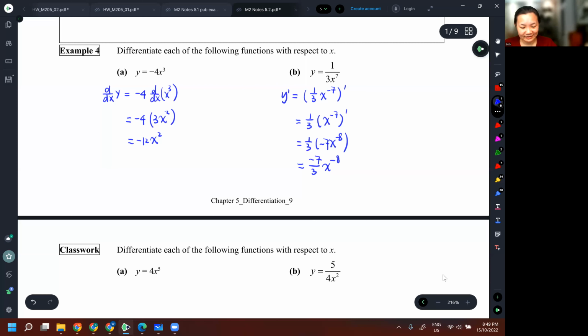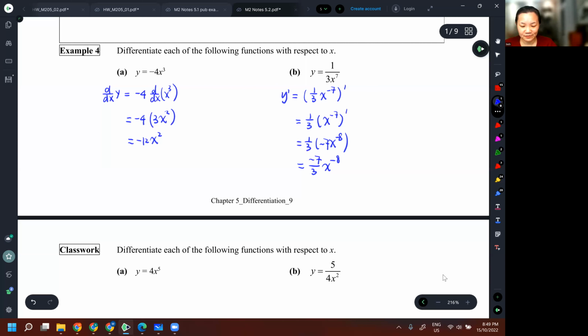Okay. Lee Chan, tell me your first answer. 20x to the 4. Yes, correct. Donna, tell me the second answer. Negative 5/2 x to the 4. Yes, correct. Very good.